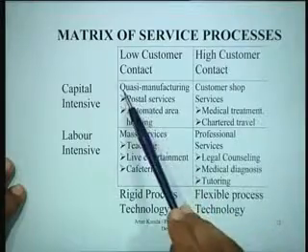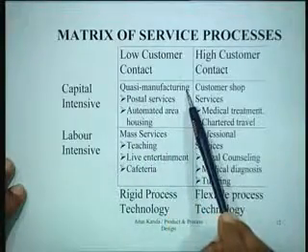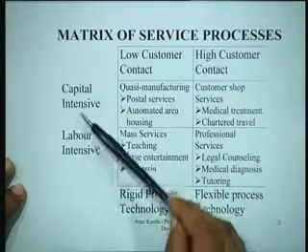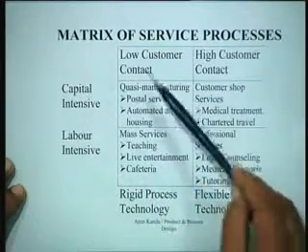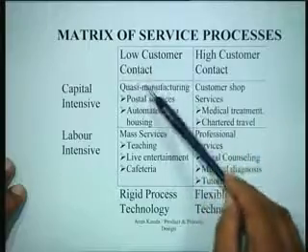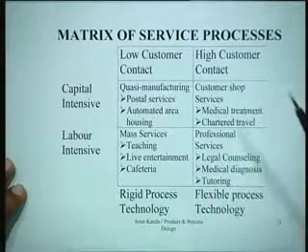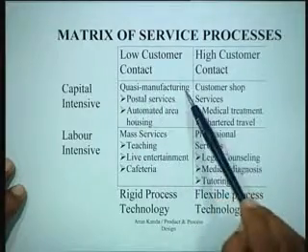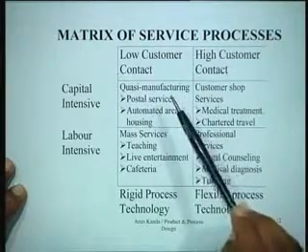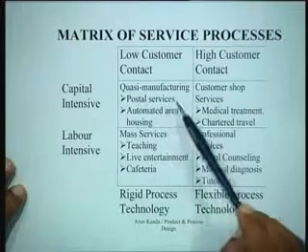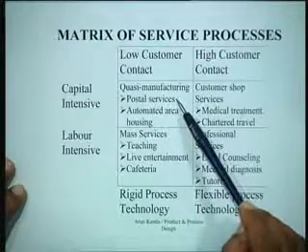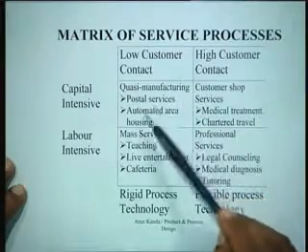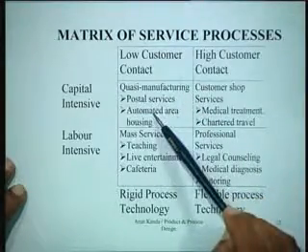When you're talking about quasi-manufacturing, you are essentially talking about something which is capital intensive and where there is relatively low customer contact. So this is something like manufacturing, but quasi-manufacturing. Examples are typically postal services or even banking services, which are very similar to postal services, and automated clearing houses.